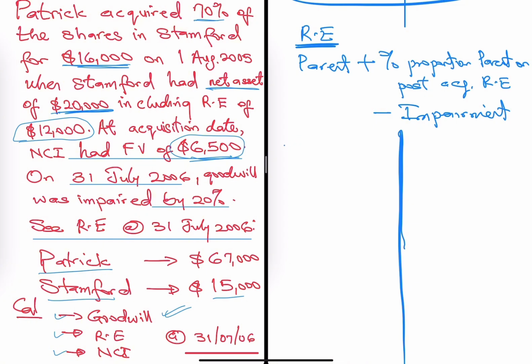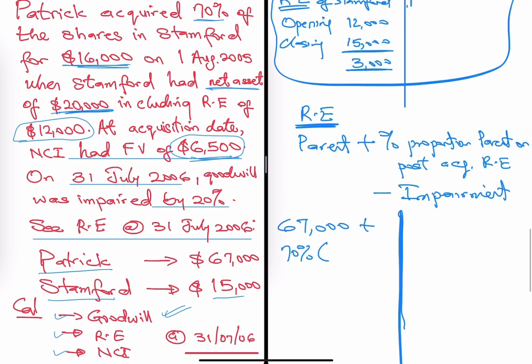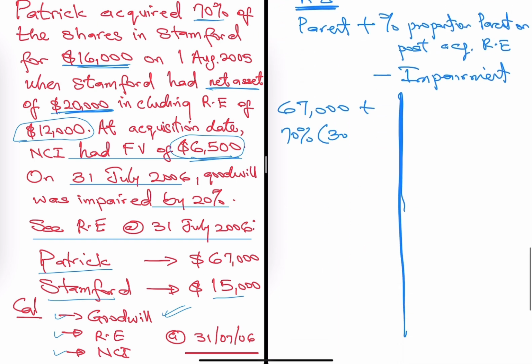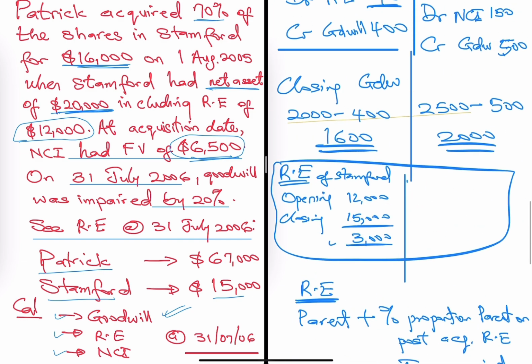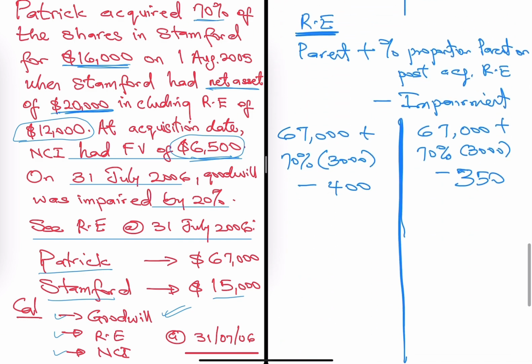Here, we're going to have 67,000 plus 70% of post-acquisition profit, 3,000, then less 400. And here it's going to be 67,000 plus 70% of 3,000 minus 350. Remember, that's the only thing going to retained earnings, 350, not the whole of 500, because of the way the NCI is being measured. So 0.7 times 3,000, that's 2,100.